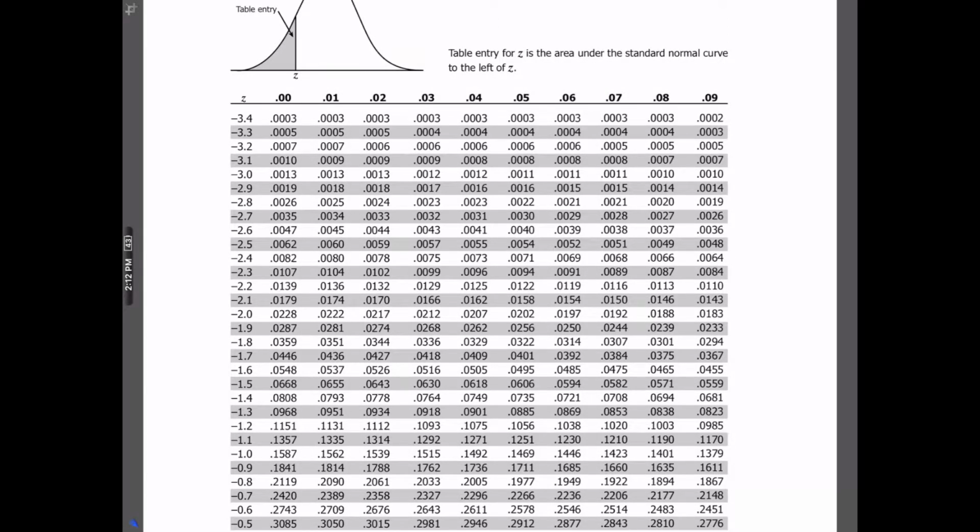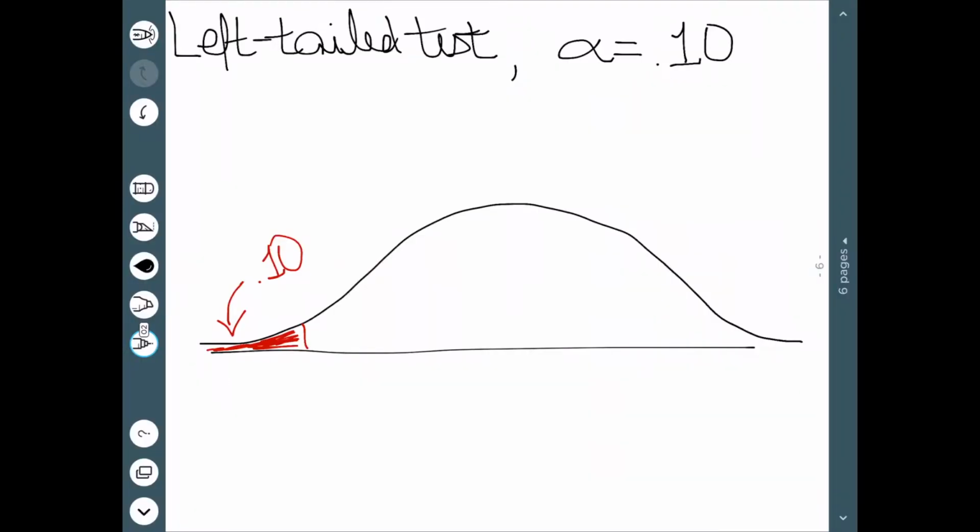So we essentially need to look through this table and find as close as we can to 0.10 in the center of the table. And we're going to find that over here at 0.1003. If I go to the left, that corresponds to negative 1.2, and up corresponds to 8. This tells us that our critical value, this value here, is negative 1.28.